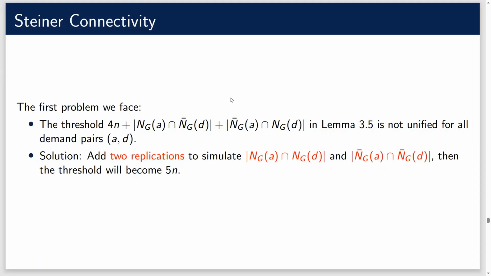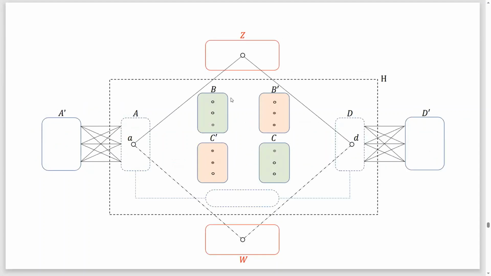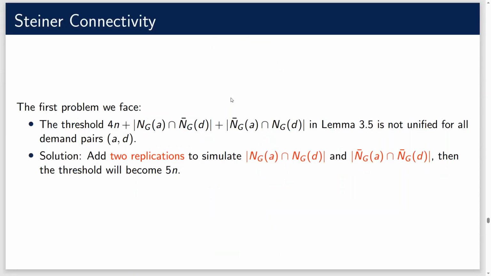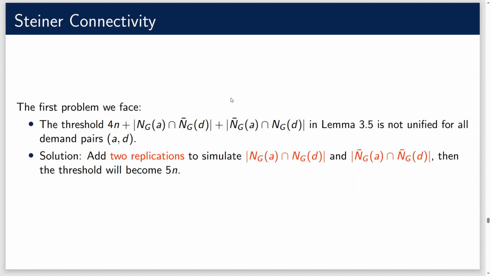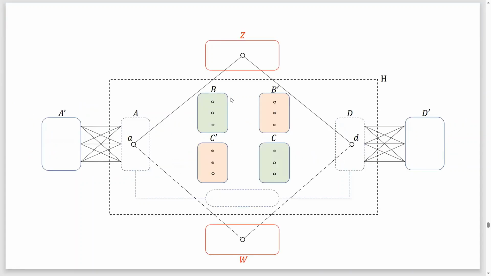The solution is to add two replications to simulate another two sets, N(G) A cap N(G) D and N(G) bar A cap N(G) bar D. Then the threshold will become 5N and unified for all pairs A and D. We can look at this graph, where we use J and W to simulate these two sets, so the connectivity will become unified.